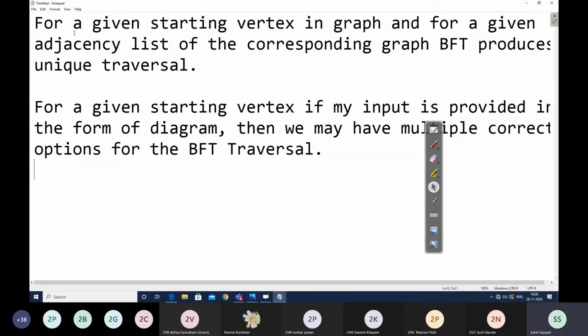Let me know once it is done. Okay, so we'll proceed. Is it done? Am I audible, students?